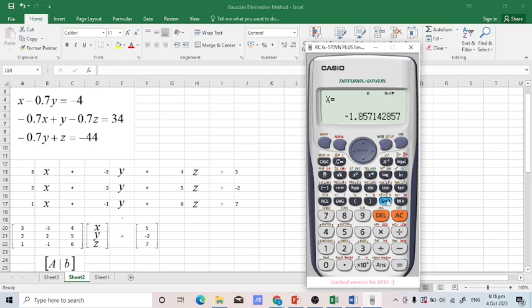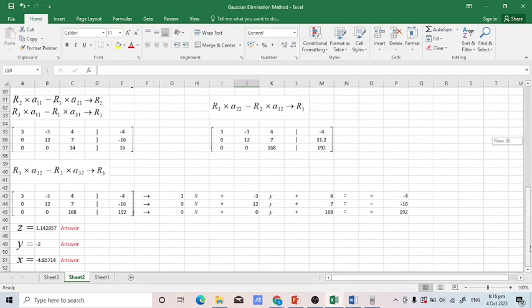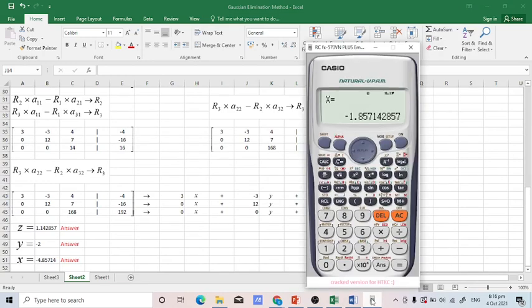So, negative 13 over 7, X. Okay. There's something wrong. Negative 1.857.